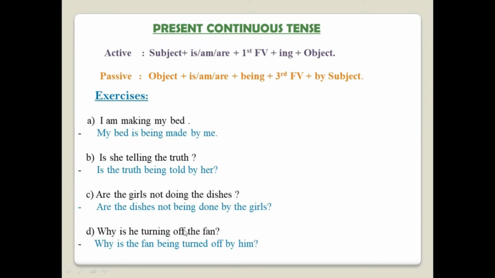Turning changed into turned. And in the continuous tense, a new word being is added to the passive voice. Those points that I've just mentioned are very important whenever you change active to passive voice. I will repeat, when changing continuous tense, in the passive voice, being is always added. Okay, let's go on to the next slide.